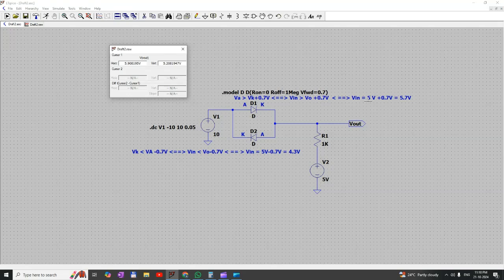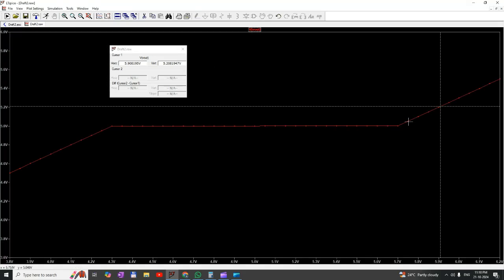So when we apply the input voltage as 5.8 volt, then it will become 5.1 volt, because output voltage is V in minus 0.7 volt.